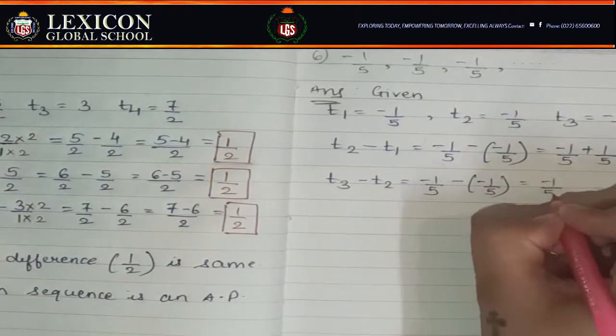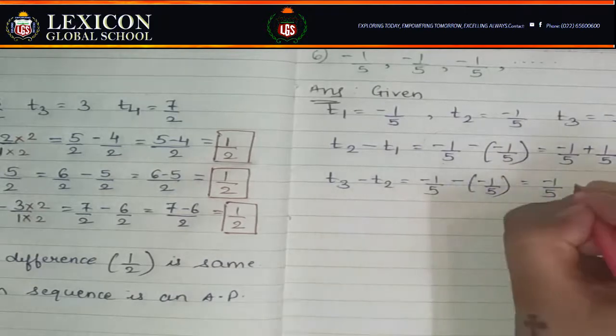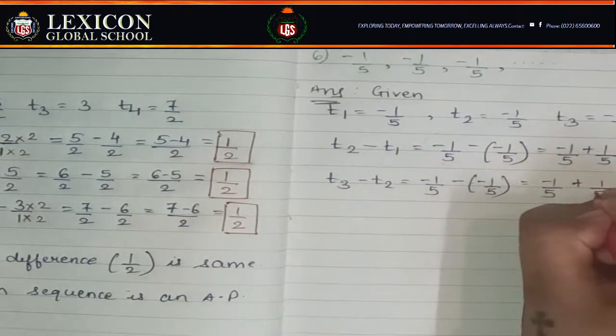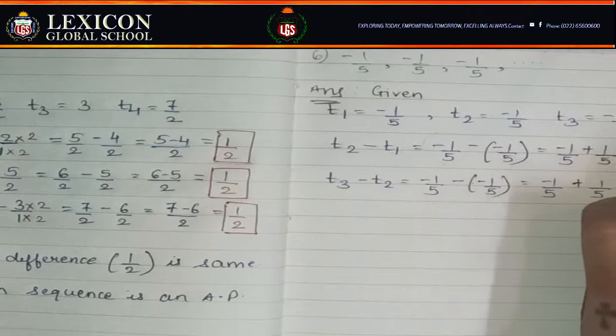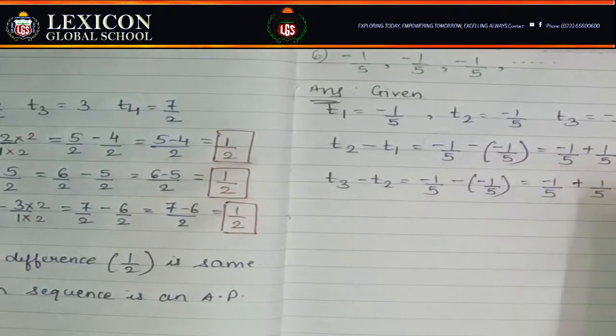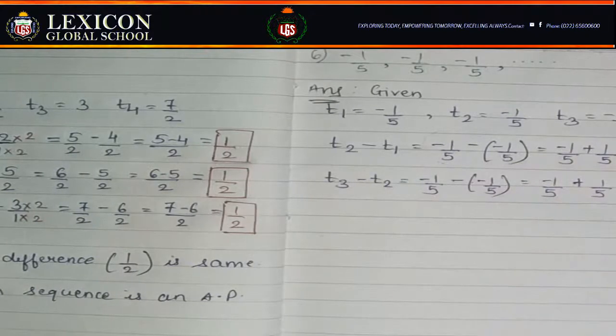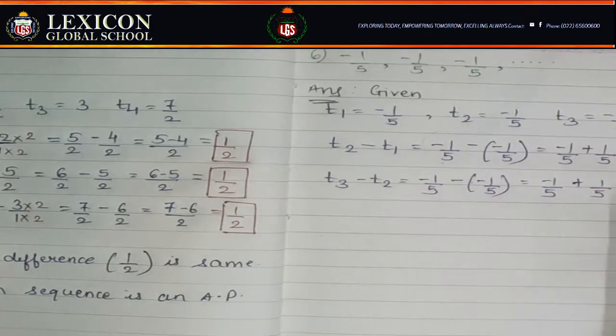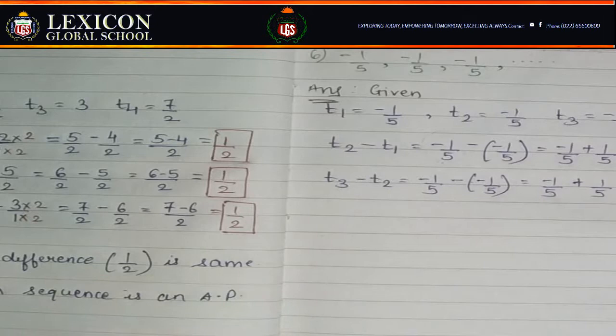Minus 1 upon 5 minus minus will give me plus 1 upon 5. That equals minus 1 plus 1 upon common denominator 5. Minus 1 plus 1 is 0 upon 5, and if you have 0 in the numerator, then your final answer is also 0. So as you can see, the difference over here is 0.